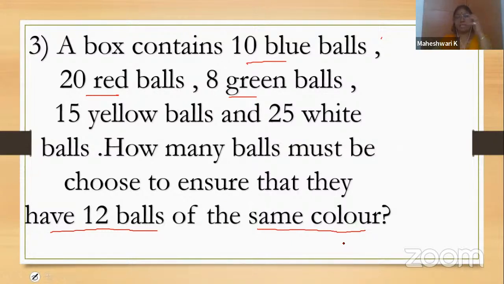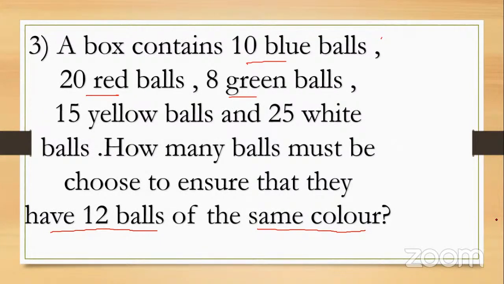Of course, it's like we are blindfolded and selecting the balls from the bag, which contains these different colored balls: blue, red, green, yellow, white of different numbers, 10, 20, 8, 15, 25. We need to have 12 of the same color. K plus 1, yes, K plus 1 is 12.